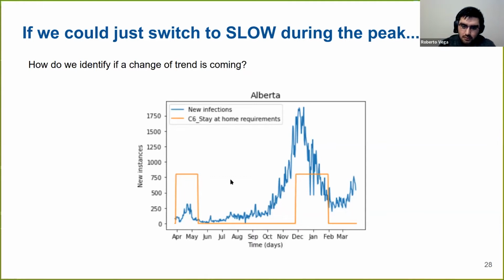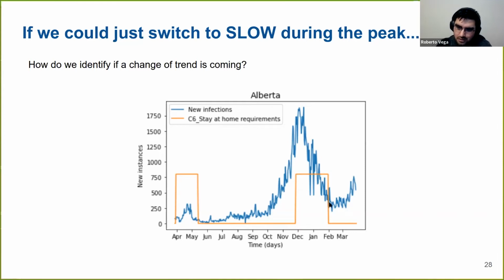So for example, let's look at this increase in the number of cases. The government implemented a stay-at-home requirement at this point. So then we can see that a few weeks later, the trend started to go down. So it went down, so they say, okay, everything is under control now, so now we can relax the policy.